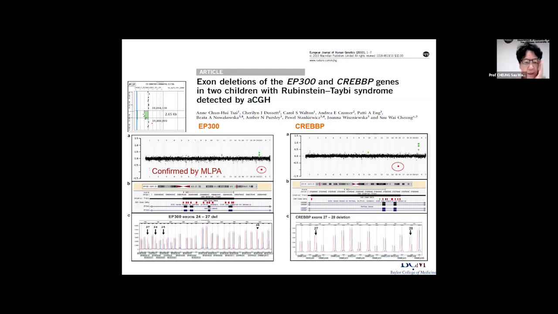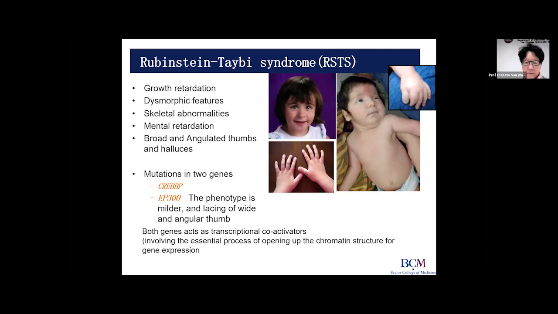At the same time, we had a patient with a deletion of EP300, and you can see the deletion below is from exons 24 to 27. So these are the 2 patients.